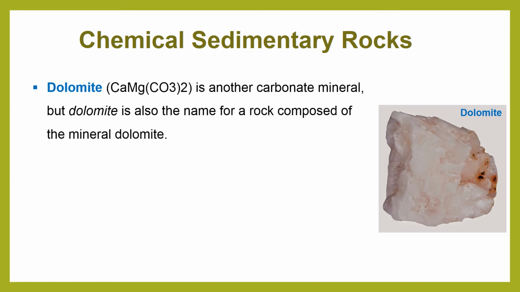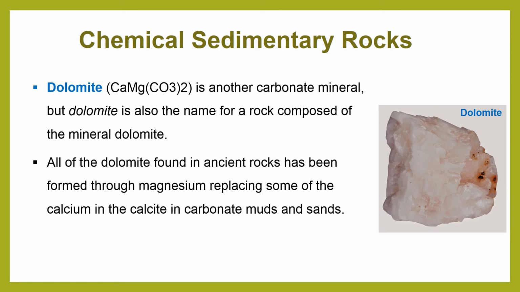This is a picture of dolomite. Dolomite is calcium magnesium carbonate, which is another carbonate mineral. Keep in mind, the name dolomite is used also for the rock, not only the mineral, the rock composed of the mineral dolomite. That's why sometimes scientists differentiate between those two, and they call the rock dolostone and the mineral dolomite.